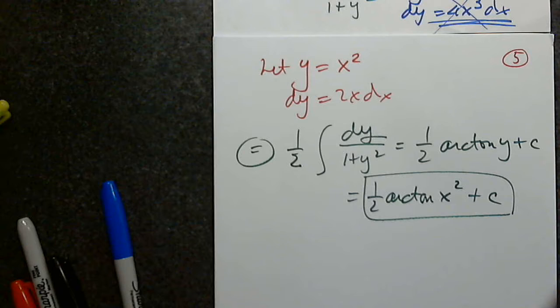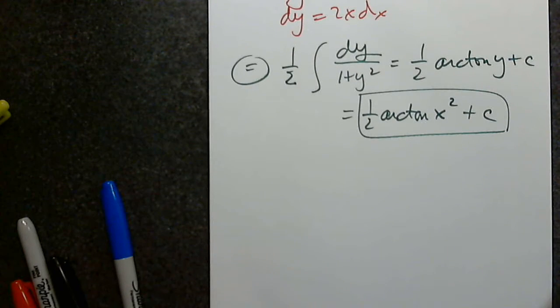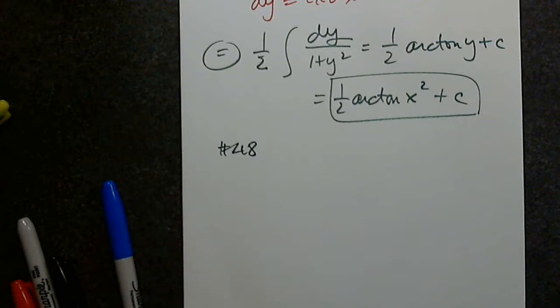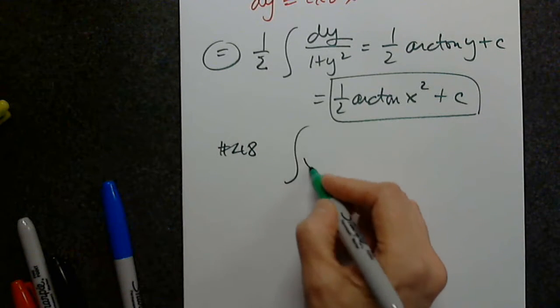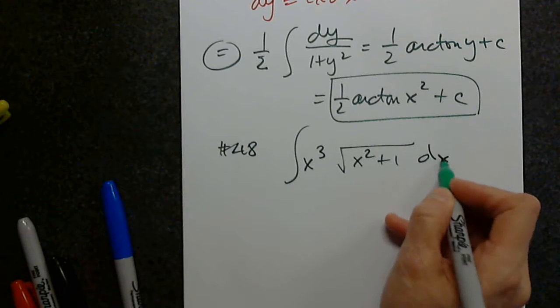Yes? Okay, let's also look at 48. That is the integral of x cubed times the square root of x squared plus 1 dx.